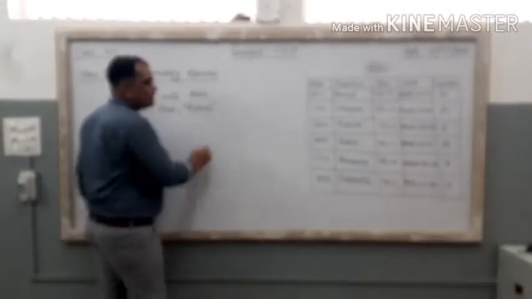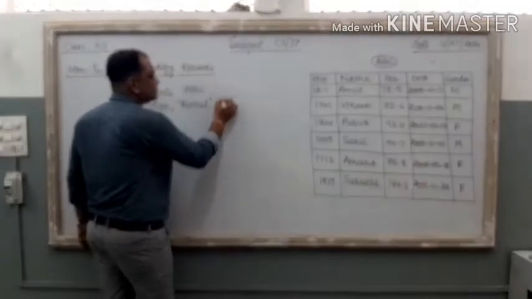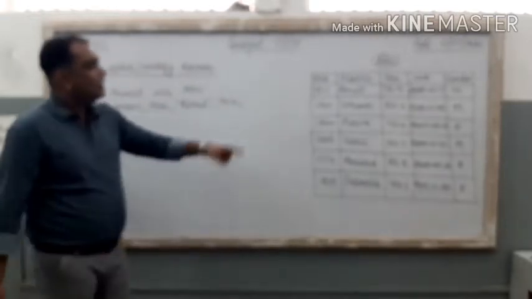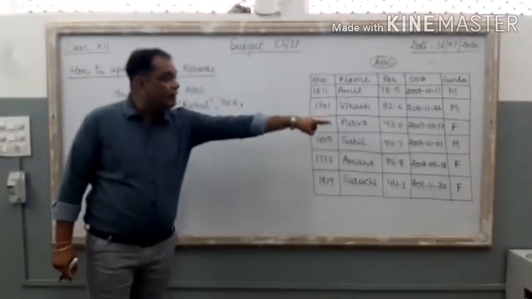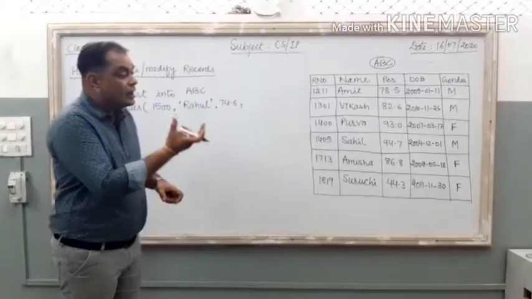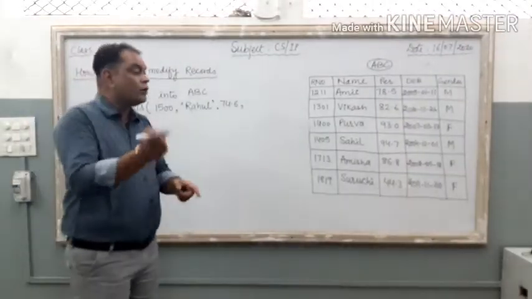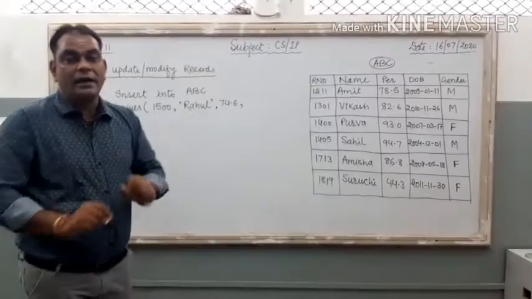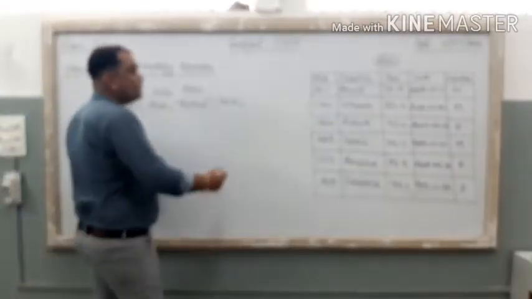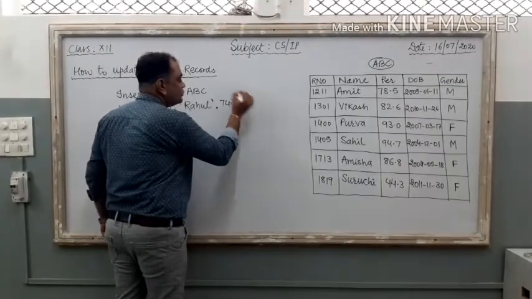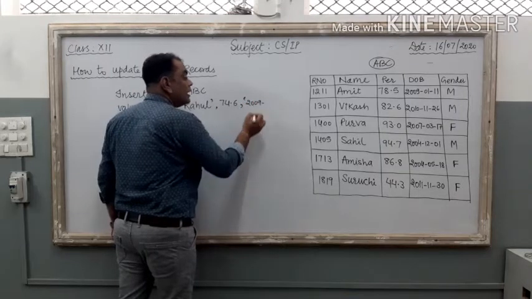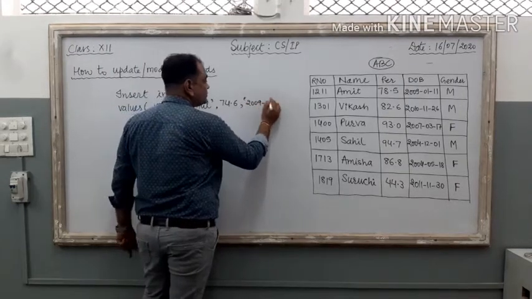Now again a comma, then percentage. Suppose the percentage of that student is 74.6. Then comma. Now I have to give the date of birth, meaning a date value. It is also written inside inverted commas only, so I use single inverted commas. Now, a valid date. What is a valid date?